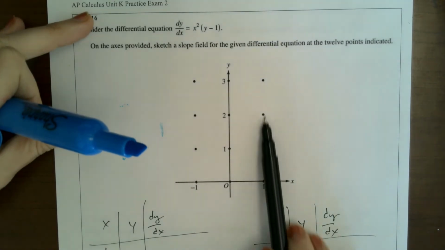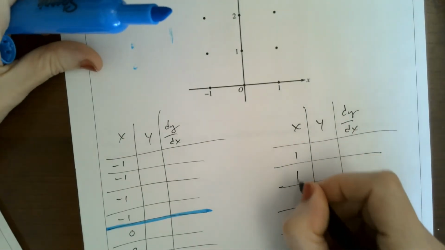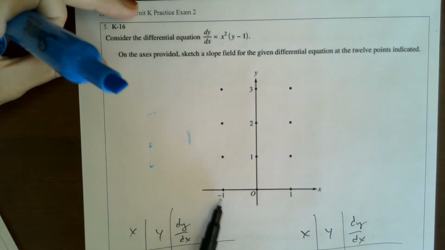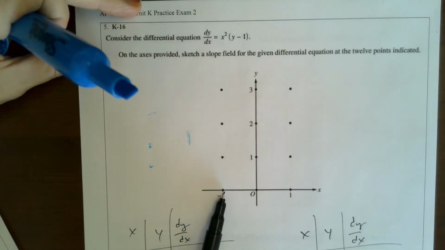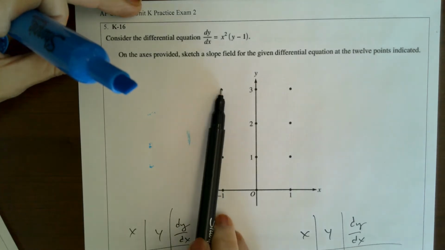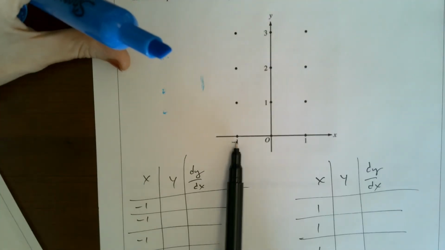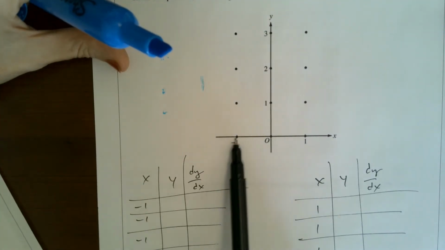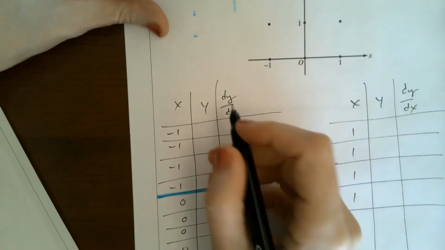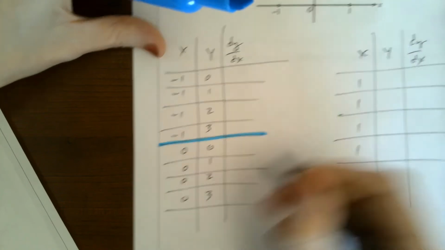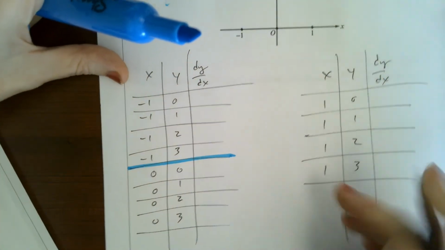Then I'm going to write down 1 4 times in the x column. And now the y's keep going. This y is 0, this y is 1, this y is 2, this y is 3. So the y's that go with the x's keep going 0, 1, 2, 3. So 0, 1, 2, 3. 0, 1, 2, 3. 0, 1, 2, 3.